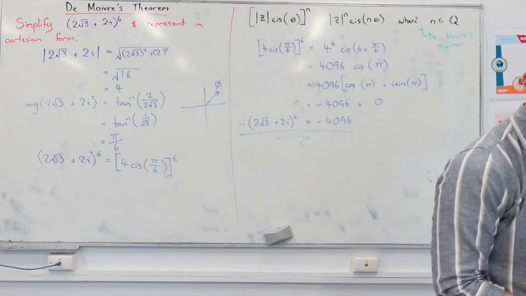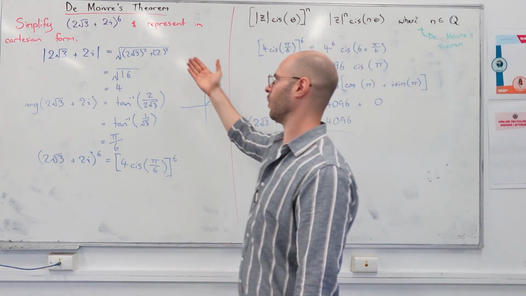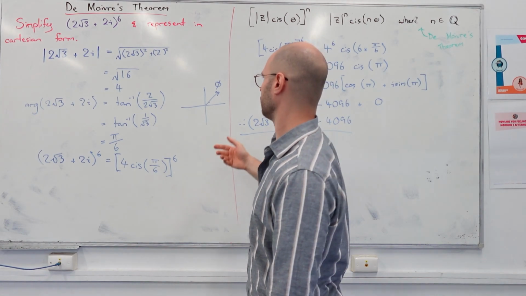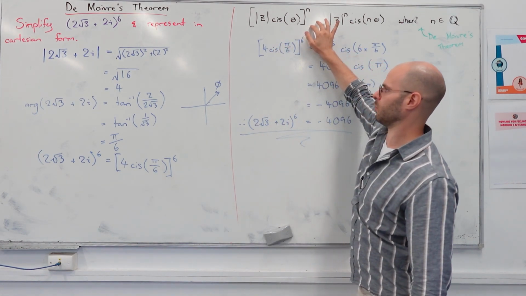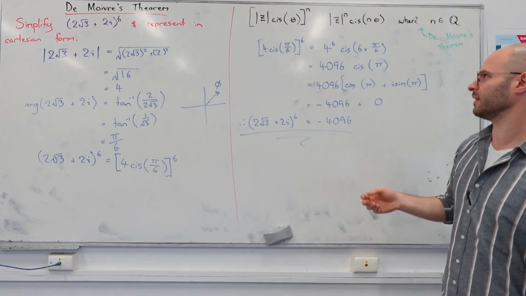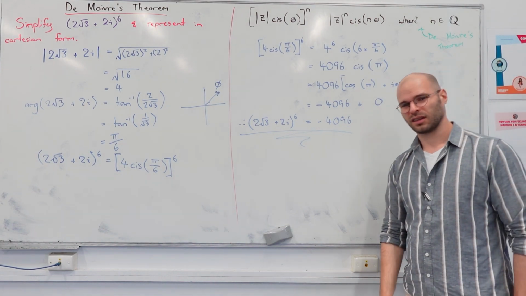So there's your result. It looks like a question that's quite trifling, but in actuality, using de Moivre's theorem makes the question very straightforward. This appeared in the external, I think 2 years ago.